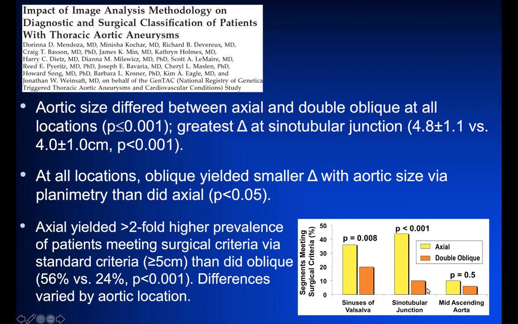So oblique agreed better with the reference standard of aortic planimetry. Importantly, with regard to surgical decision-making, standard axial measurements yielded a twofold higher prevalence of patients meeting surgical criteria for aortic graft surgery than did oblique reformatting. And that was most strongly impacted in the ascending thoracic aorta.